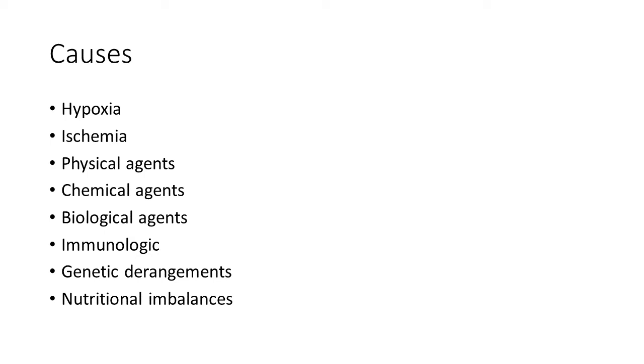Biologic agents, of course, the most heard term these days, novel coronavirus, virus. It is also a biological agent which can cause cell injury. Apart from virus, there are other biological agents like bacteria, fungi, parasites, etc.